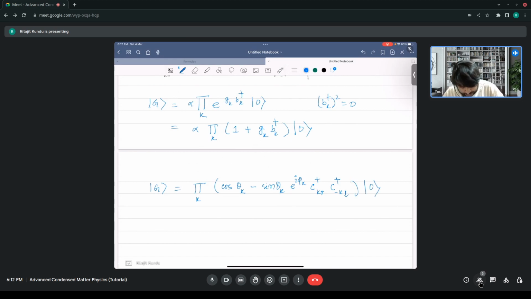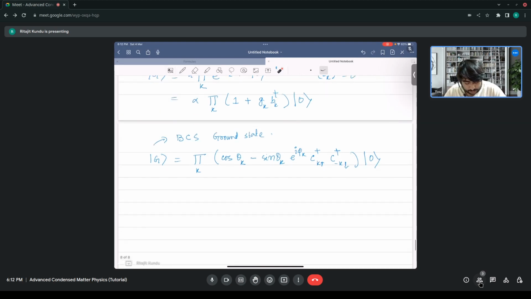So this is the BCS ground state. This theta and this phi are the arguments of your order parameter, or the gap, or the other parameters which we used to diagonalize the Hamiltonian, right? So in principle we now know everything, and we can calculate any expectation values by taking expectation on this ground state.